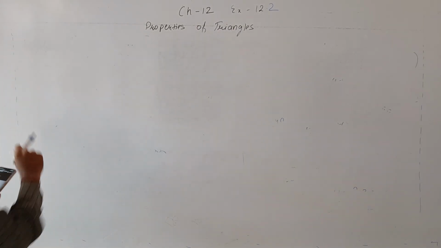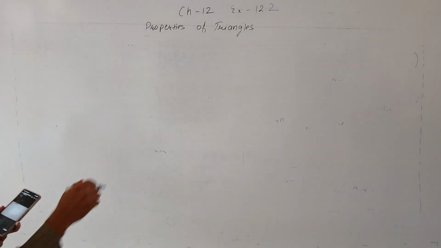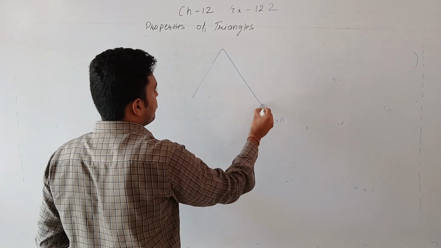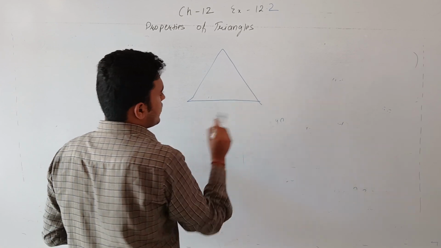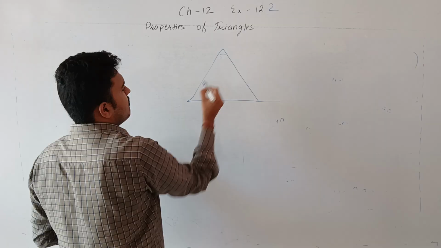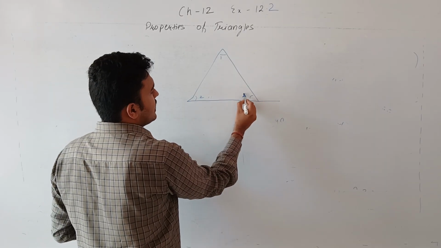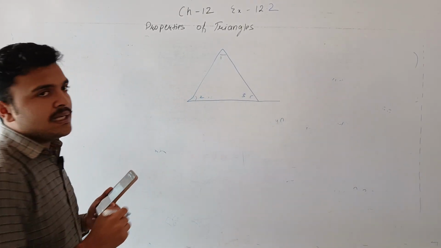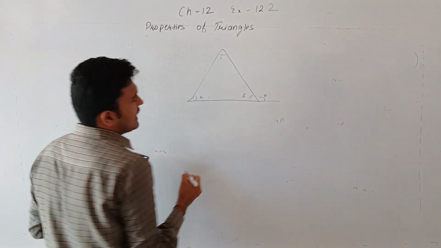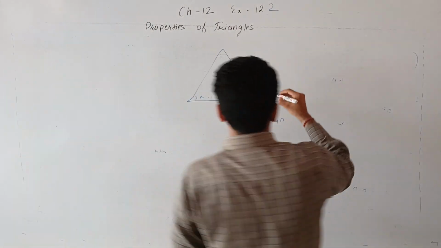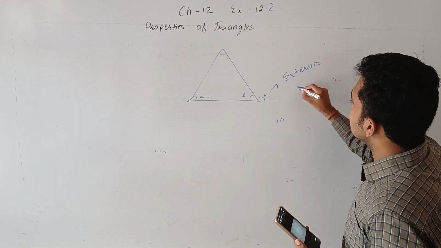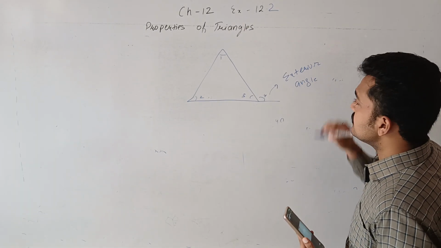So the very first thing is the property which is used in this chapter. Suppose this is a triangle, so angle 1, angle 2 and angle 3 are the interior angles, and angle 4 is an exterior angle.